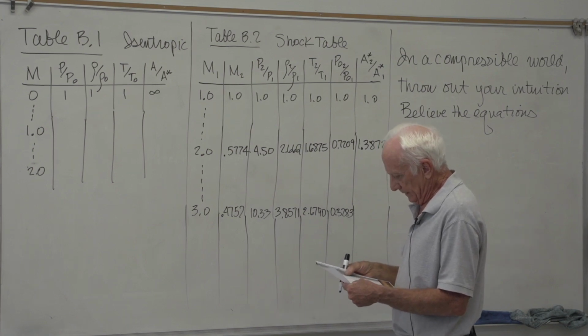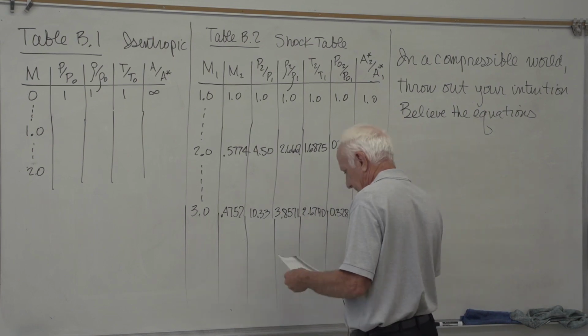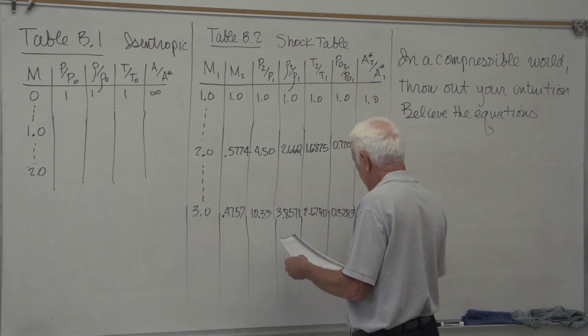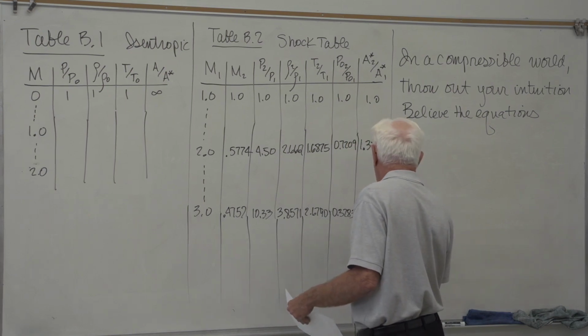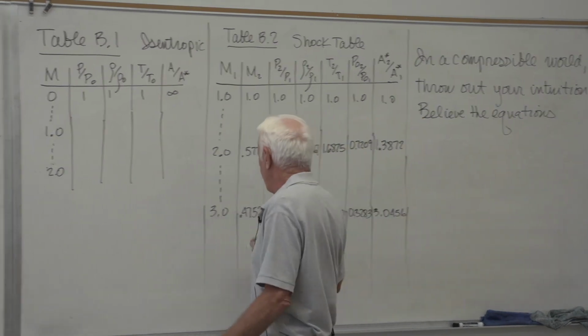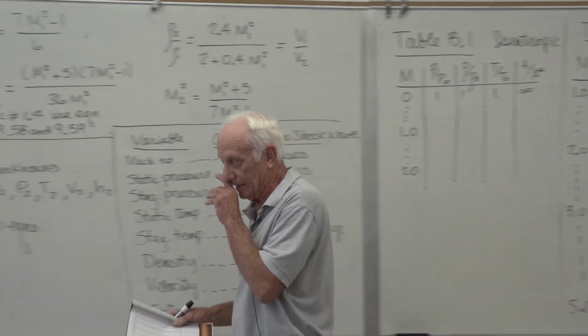At 3.0, 3.0456. You can go on down. It goes on down to 5 in the table. Mach number 5, hypersonic speeds.